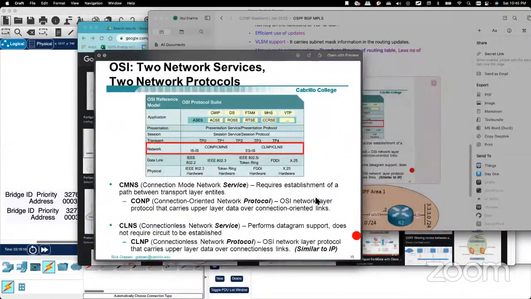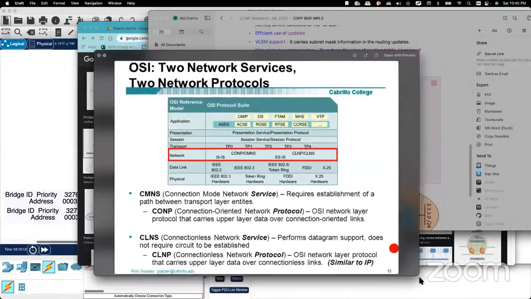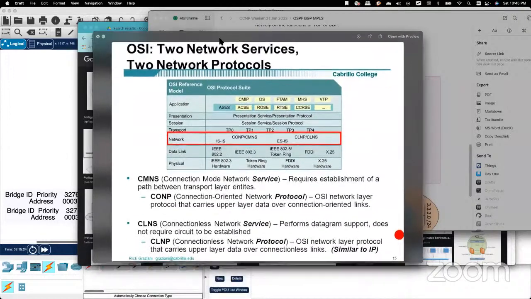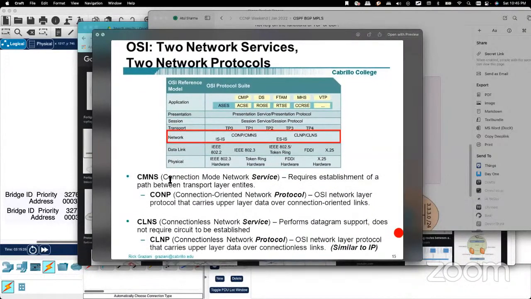Yeah. So when it comes to the OSI, as we call this a reference model, earlier in the previous versions, in the network layer we had two protocols, like TCP and UDP. One is called CMNS, Connection Mode Network Service, and there was Connectionless Network Service, CLNS, which is like UDP.